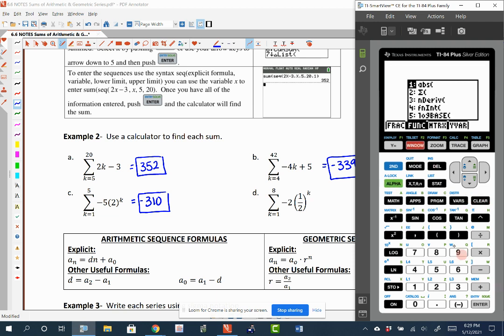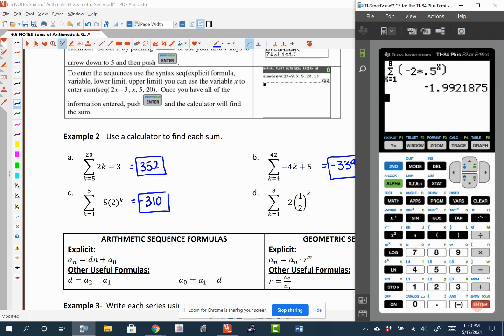Alpha y equals number 2, x, our lower limit is 1, our upper limit is 8, and we're taking negative 2 times, and you could put parentheses, I'm just putting times, and you can put this as a decimal if you wanted to. You could put 0.5 just for sake of one less thing to type, to the x.